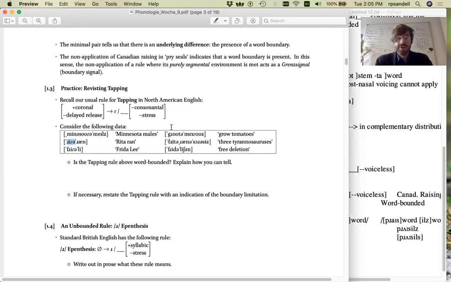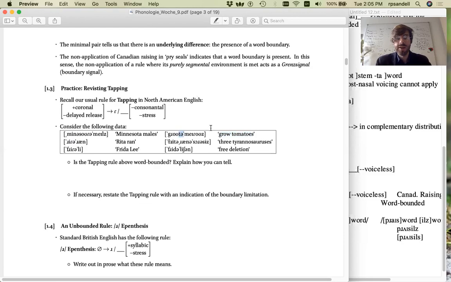Now, if we look farther here we have some other phrases: grow tomatoes, three tyrannosauruses, and free deletion. So in all of these cases, it looks like the segmental context for the application of tapping would be met.